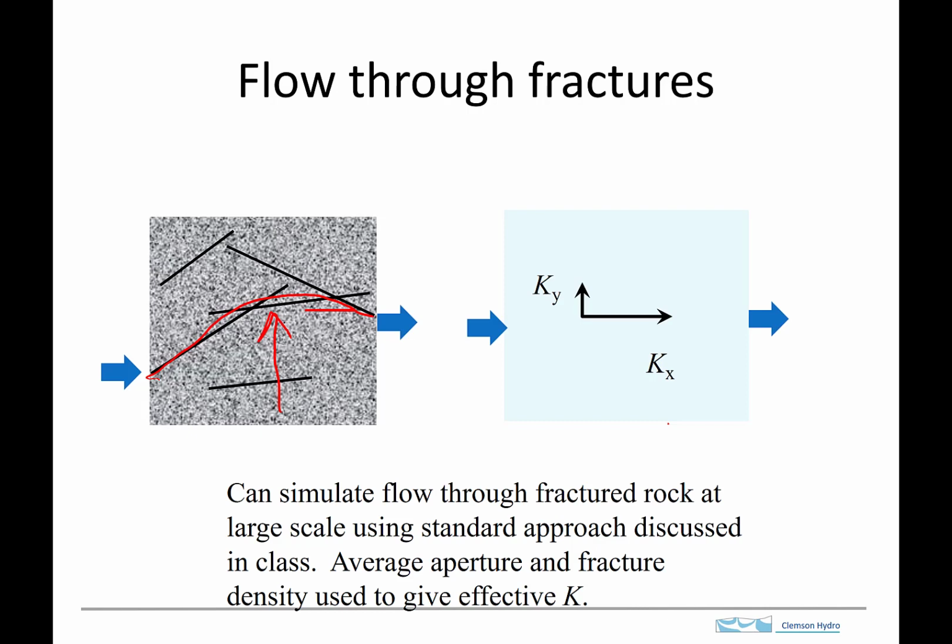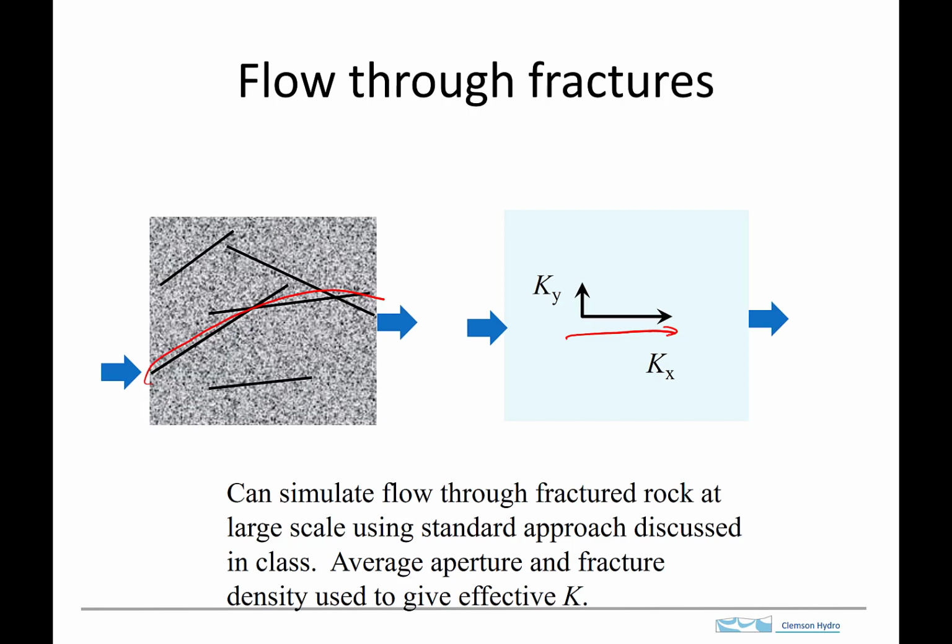In metamorphic rocks, one of the challenges is to determine what this orientation is, because it can be a challenge to figure out what the primary direction of connected fractures is at a particular location, and it may change quite a lot spatially, horizontally or vertically.